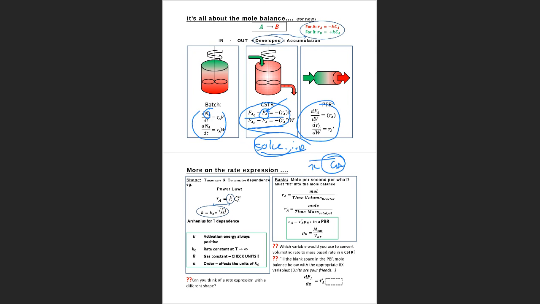So this is the conundrum here. We need concentration because we want our rate, because that will be a k times a concentration or whatever. But remember, concentration we can always calculate using an algebraic equation, as your molar flow rate divided by your volumetric flow rate.